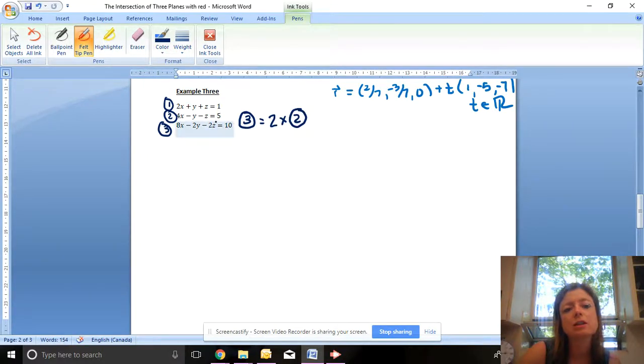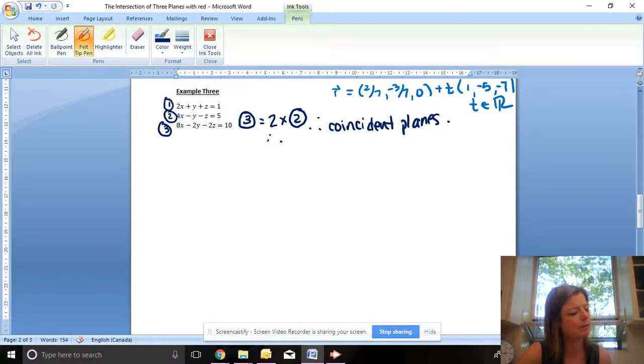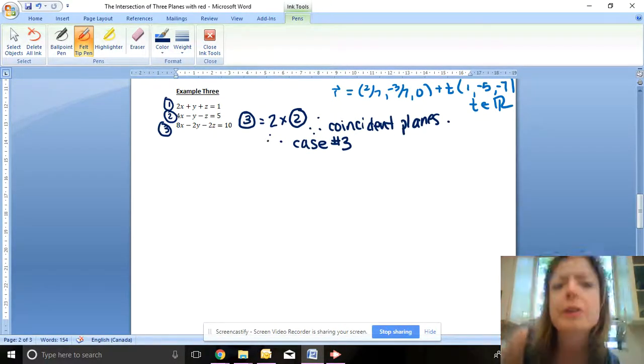So notice it's not just the normals, it's the constant as well. If it was just the normals and not the constants, then they would be parallel, but it is the constants as well, so these are coincident planes. So therefore we're in case number 3 from the other one, because the first is not coincident with the other two.